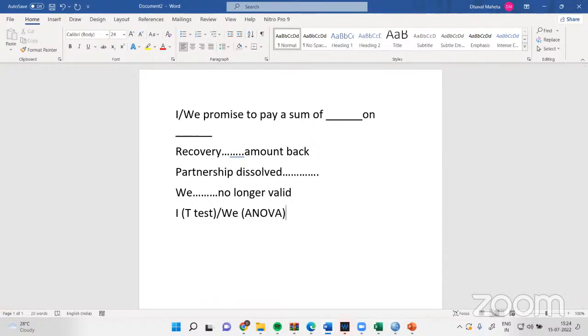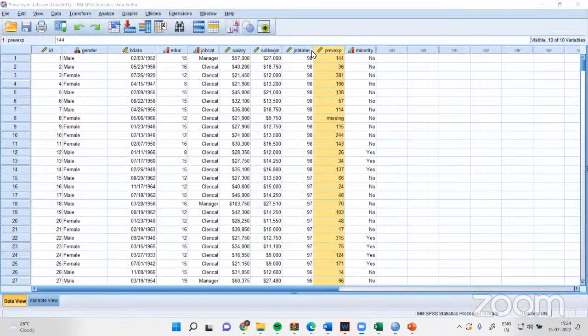Okay, open the regression. Now my current salary, tell me, is affected by which independent variables, which are continuous? My current salary is because of what?